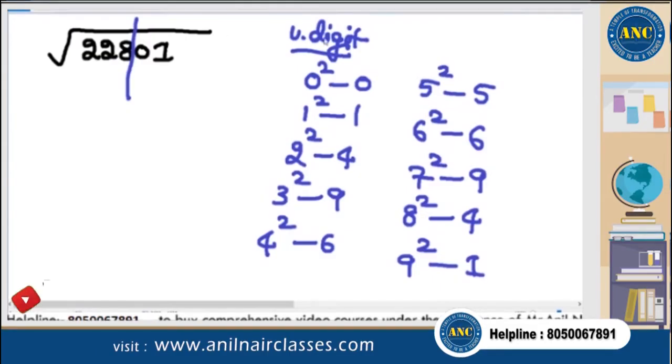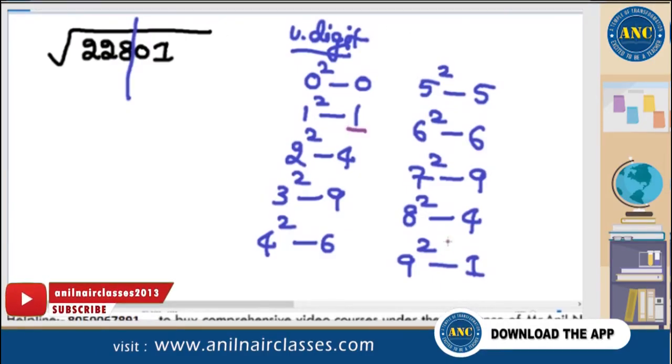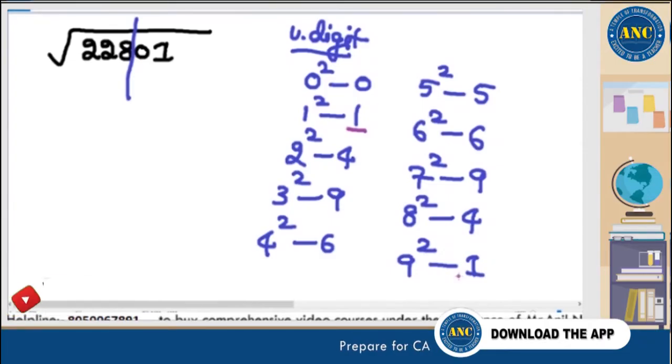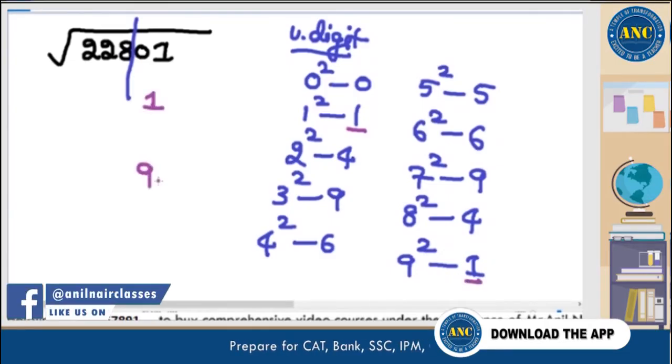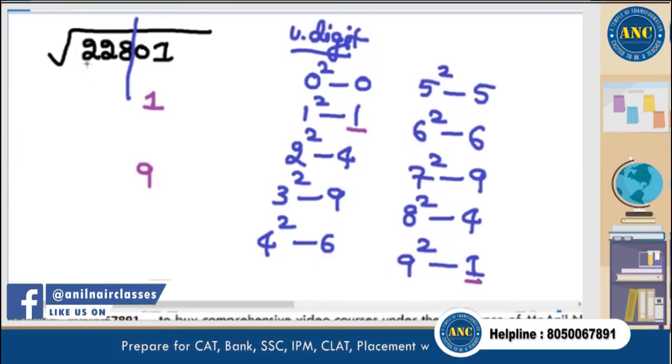It is ending with 1. If it is ending with 1, which numbers are there? 1 or 9. So it will be 1 or it will be 9. I hope it is clear.